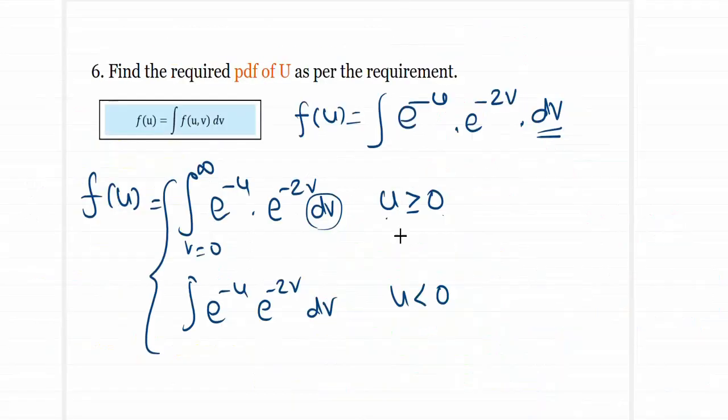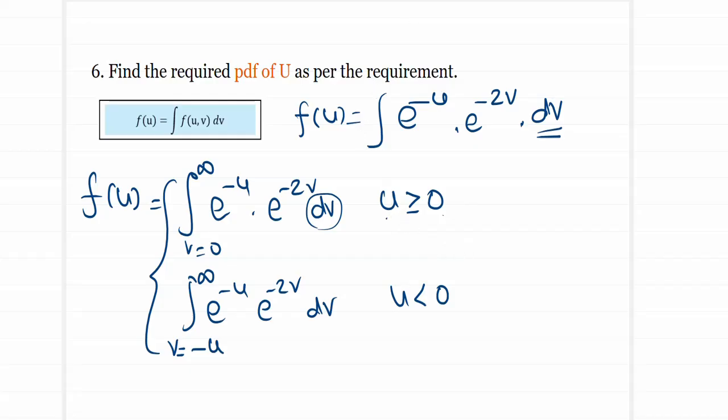So for the second case, when u is negative, v varies from minus u to infinity. So you don't have a single function, but the function behaves differently for two different portions, u being positive and u being negative. So we will have to integrate them separately.